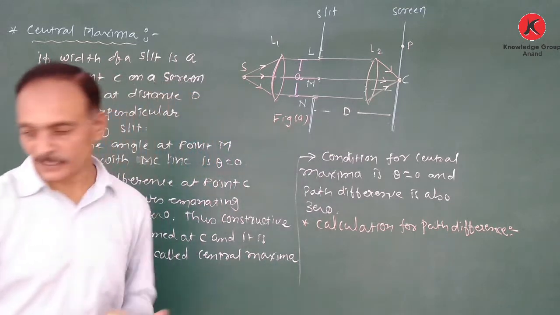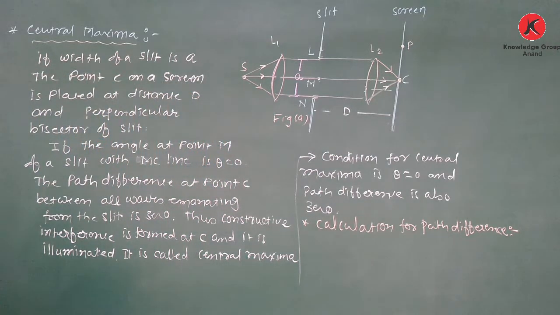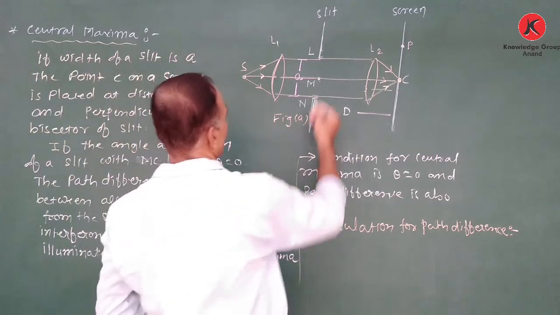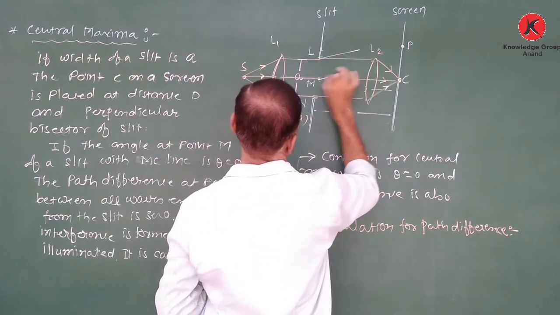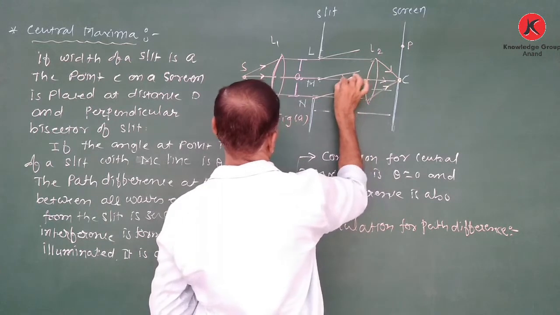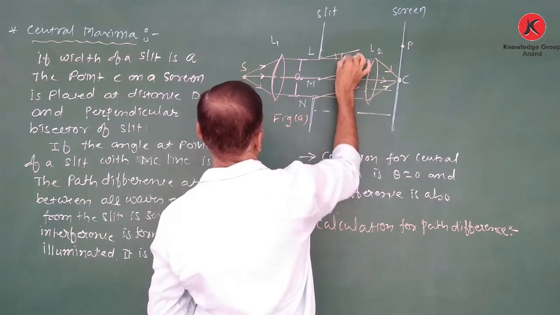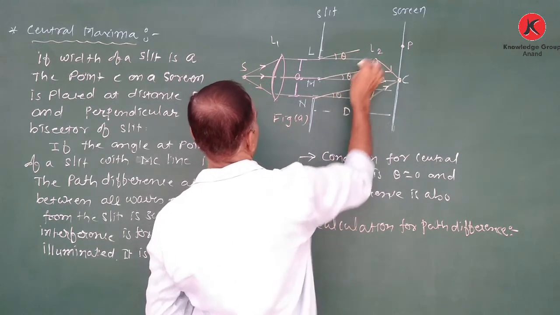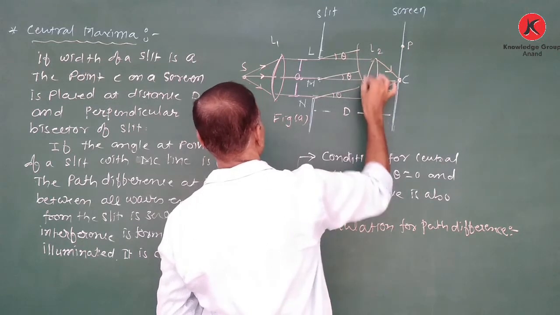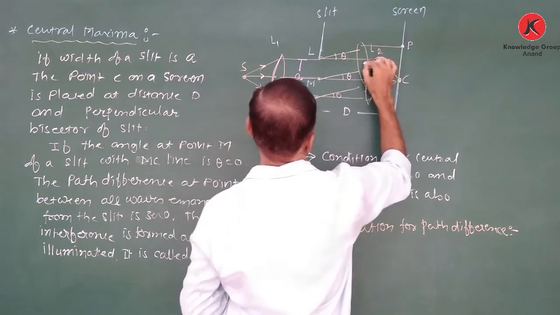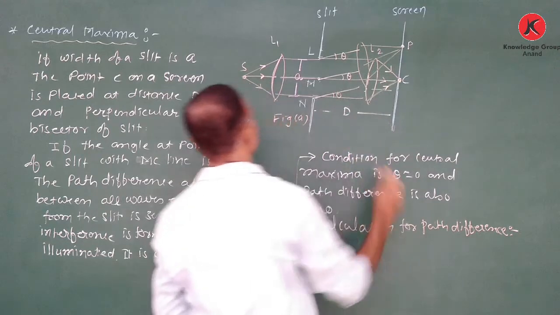Now, the waves emanating from the slit and suppose at point P are propagated in this direction, making the angle theta with the MC line and focused at point P.